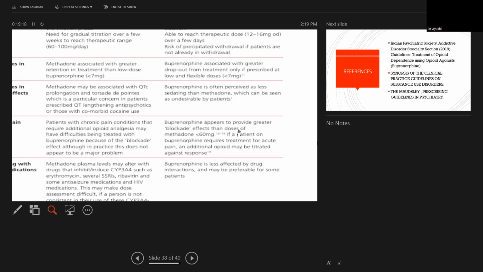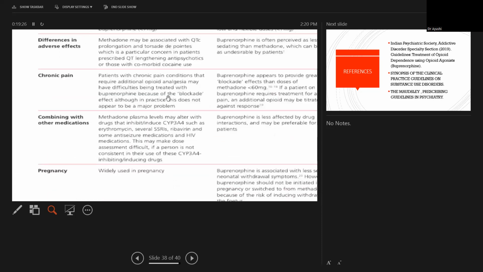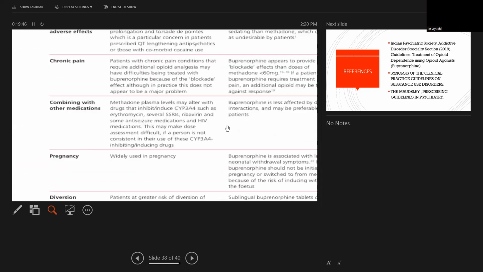Buprenorphine is often described as less sedating than methadone, which can be seen as undesirable by patients. Now, chronic pain: a patient with a chronic pain condition that requires additional opioid analgesic may have difficulties being treated with buprenorphine because of the blockade effect, although in practice this does not appear to be a major problem. Buprenorphine appears to provide greater blockade than doses of methadone less than 60 mg.